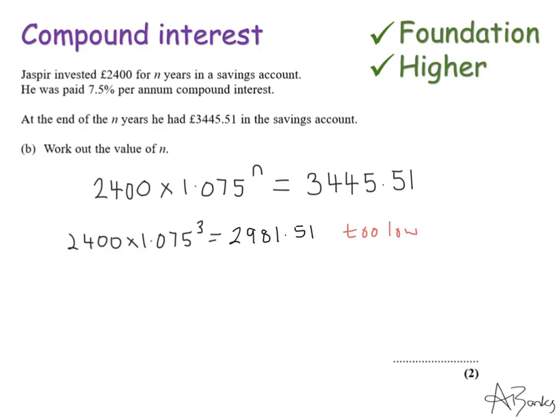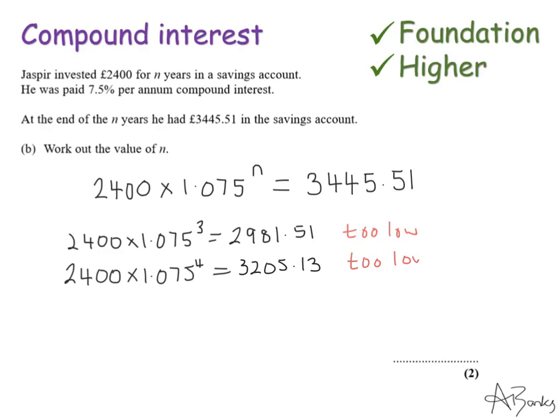So let's try 4. Let's see what happens when I use 4. That's 3,205.13. Again, that's still too low.